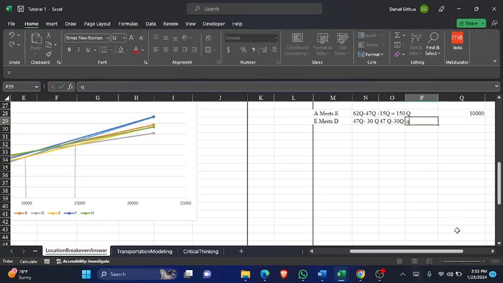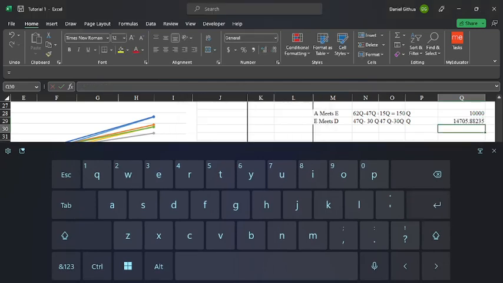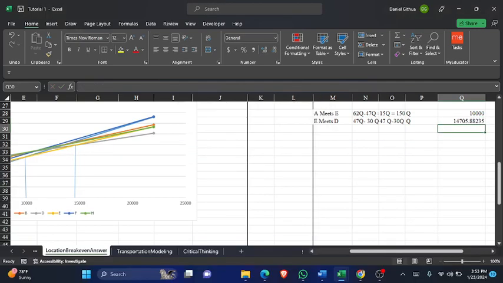So our Q for E meets D will be equal to 250,000 divided by 17. So those are the units for when E meets D. Those are the break-even points.